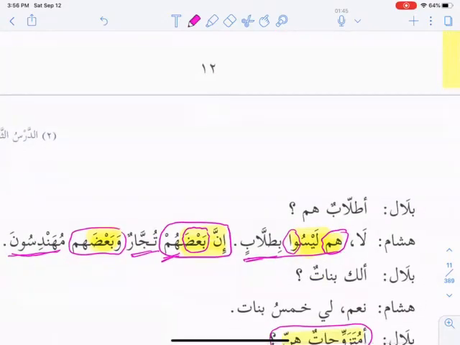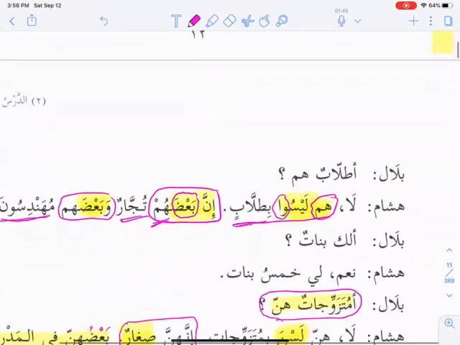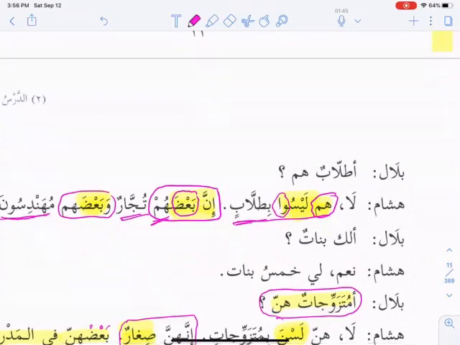Bilal says, Alaka banatun. Hisham says, Naam. Li, I'm putting in line here, Khamsu banatin. So, Khamsu is your mubtada, and it is mudaf. Banatin is mudaf ilayhi. And li is jar majrur shibhu jumla khabar.